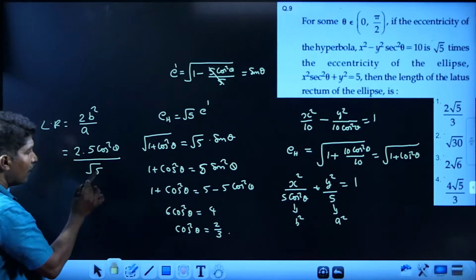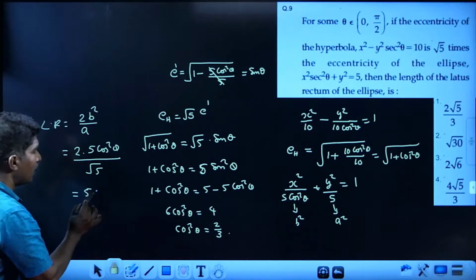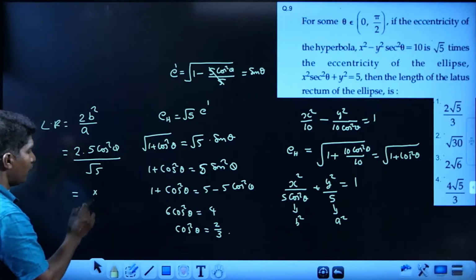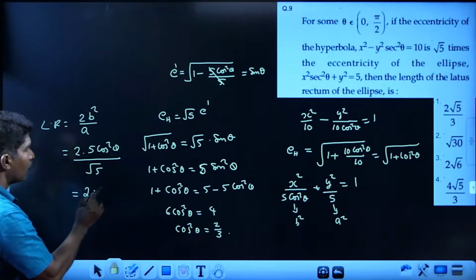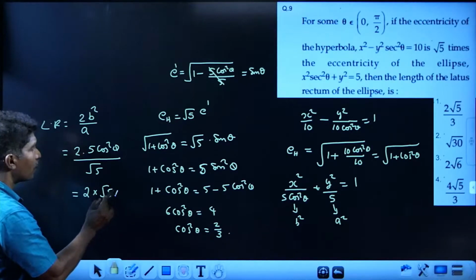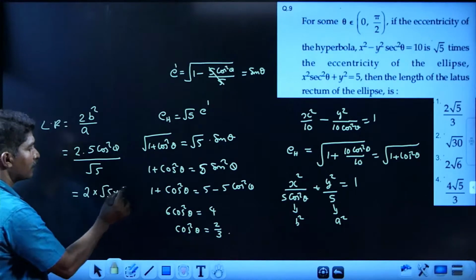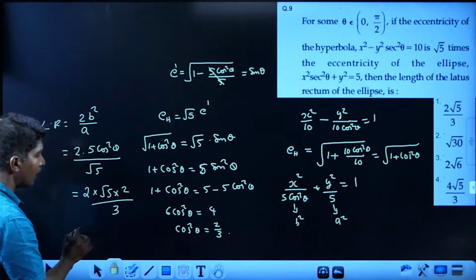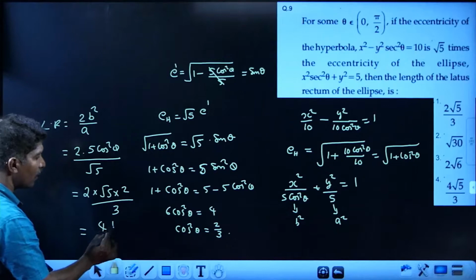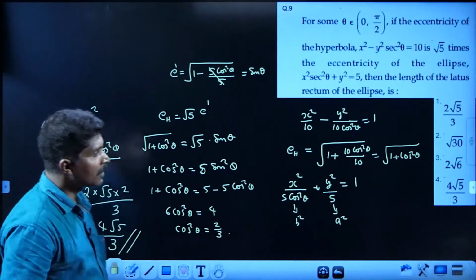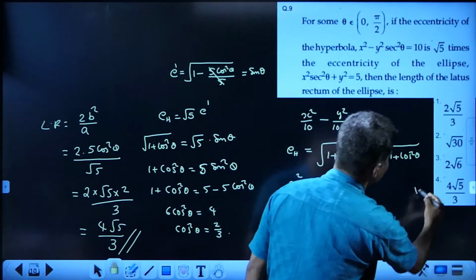So 5 and root 5 cancel, and it is 2 into root 5 into cos square theta. Cos square theta is 2 by 3. So the answer is very simple now: 4 root 5 by 3. What is the option? The option is option 4.